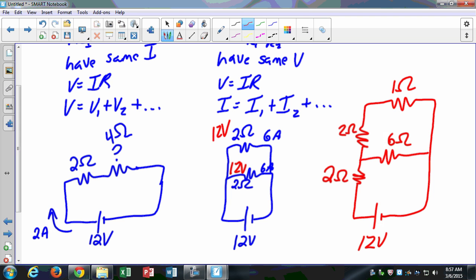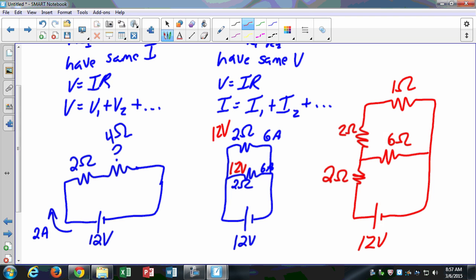Right, 2 and 2 is 4. So what is the voltage here? If this whole thing is 2 ohms, don't worry, I'm going to write this down in a second. This whole thing is 2 ohms. What is the voltage here? No, not 3. It's 6 volts. Because I have 2 ohms and 2 ohms that share 12 volts, so I'm going to have 6 volts here.